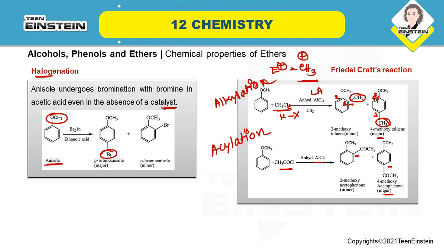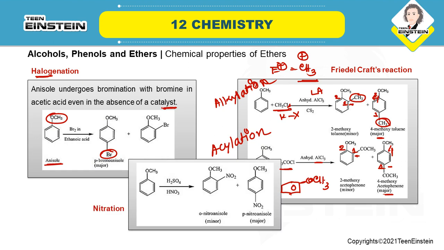This is again the major product, and this is called 2-methoxyacetophenone, because acetophenone is basically PhCOCH3. So as if it is 1 carbon, this is 2, so this is 2-methoxyacetophenone, this is 4-methoxyacetophenone. Fine. So these two are the examples of Friedel-Crafts reaction, alkylation and acylation.